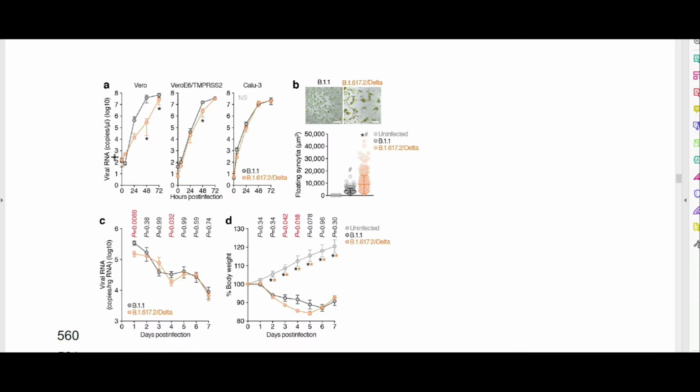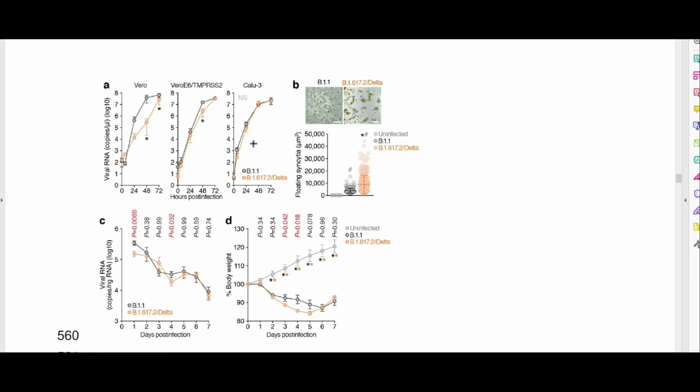It's looking at the infectivity in hours after infection of the cells, and it's looking at RNA using quantitative PCR, quantitative polymerase chain reaction.